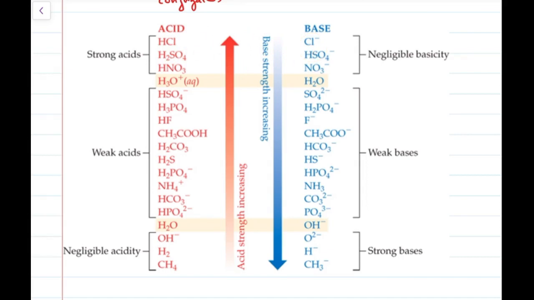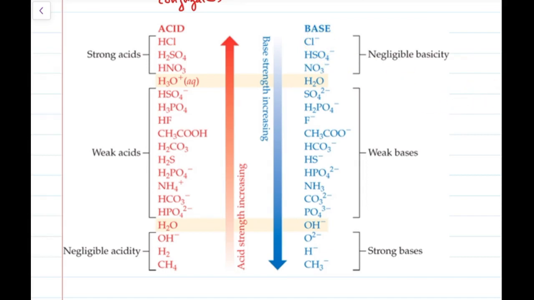It's lower in energy, and that's a state that it wants to be in. And so once it's lost that H+, once it's become Cl-, it's very unlikely to re-accept an H+, because accepting an H+ puts it in a higher energy state, a less stable state.